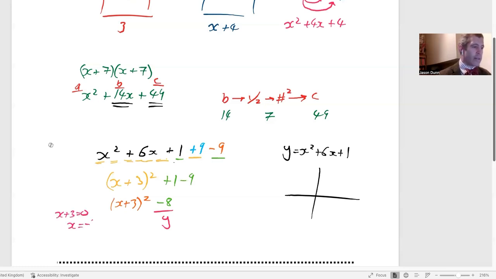So my x coordinate is minus 3. All right? So minus 3, minus 8, about here, would be where this graph is at its lowest point. It's the minimum point. All right? So that's the reason we do it.